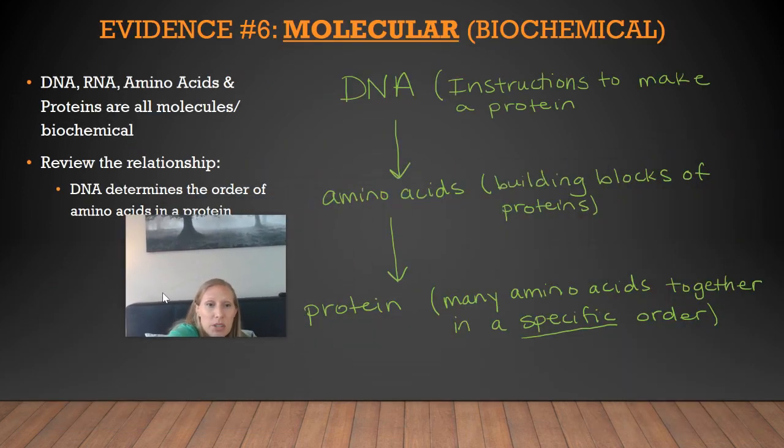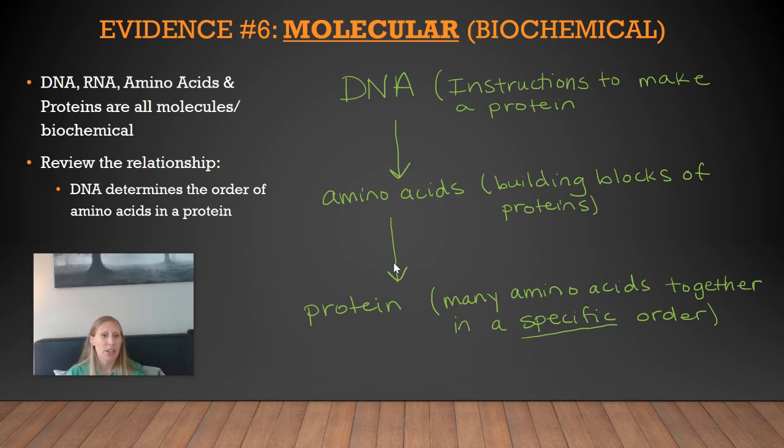All right, for our last piece of evidence, molecular evidence. This one is probably the strongest piece of evidence that we have for evolution because it is quantifiable. We can actually count how much similarity or how much difference there is, versus comparing physical features like fossils or bones or things like that.